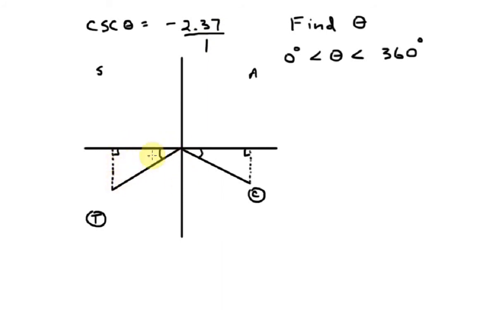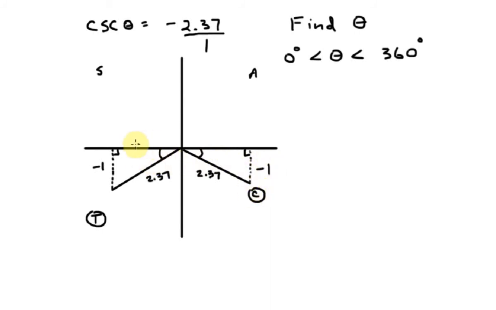Now, sine would have been opposite over hypotenuse. This is cosecant, so it is hypotenuse over opposite. So I go 2.37 over 1, and I'm going to make that a negative 1. You always consider the hypotenuse to stay positive. I'm going to build the same thing over here. I want my hypotenuse over my opposite side.